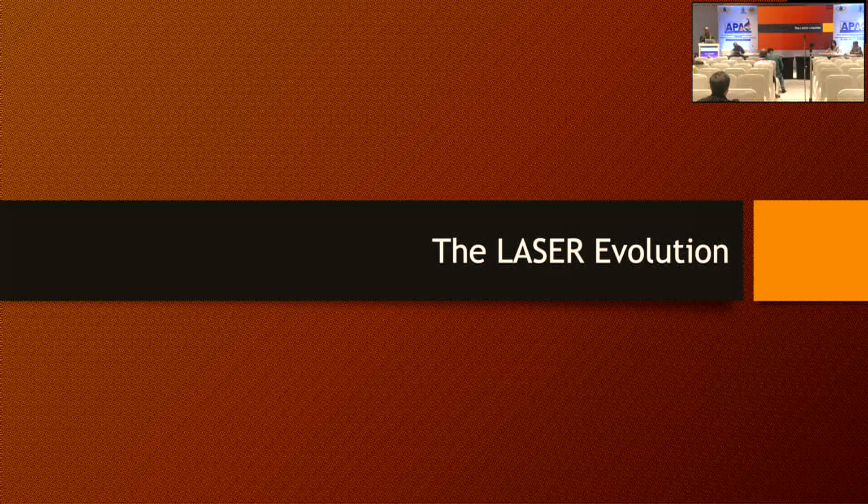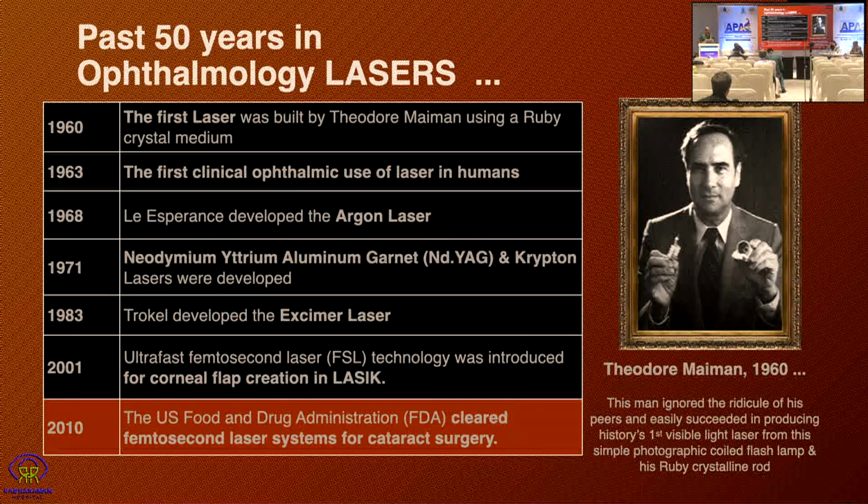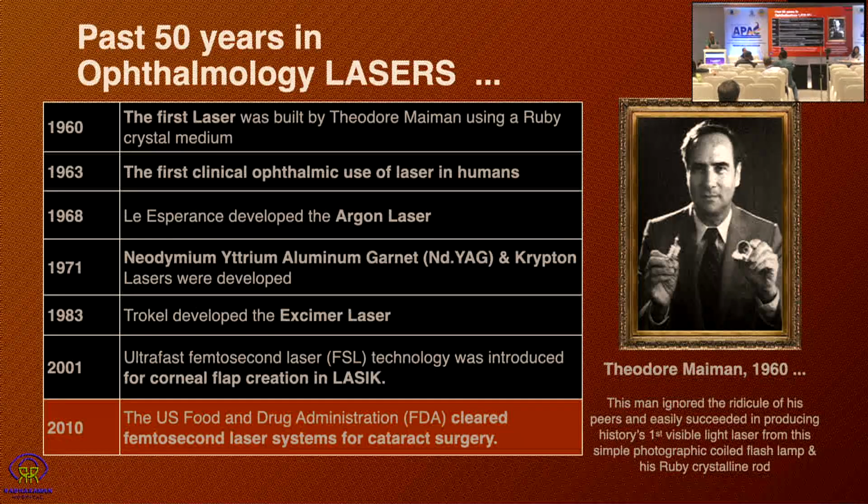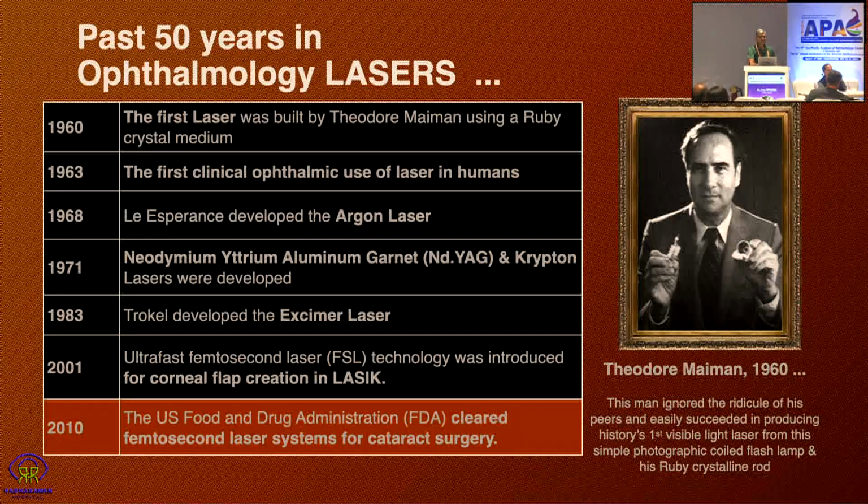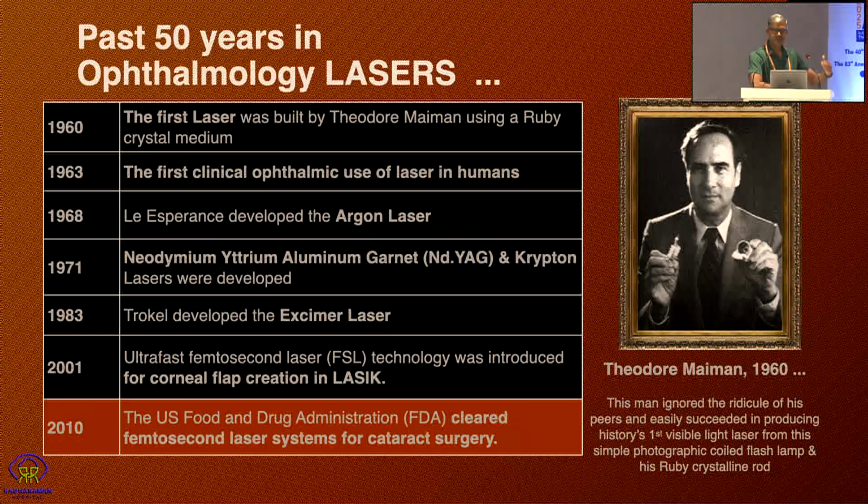So this is how the laser concept evolved in the world. The first laser was built by, you all know this, Theodor Maiman, using a ruby crystal medium. That was way back in 1960. And the first clinical ophthalmic use came in 63. The YAG was a landmark invention, and that's from where it took a huge leap. That came in 71.